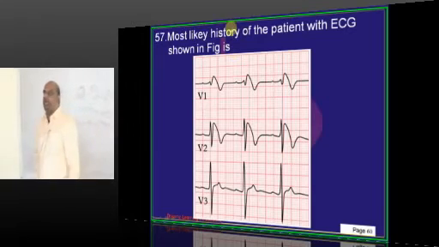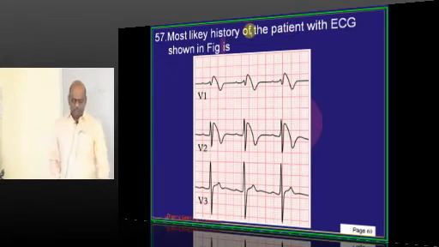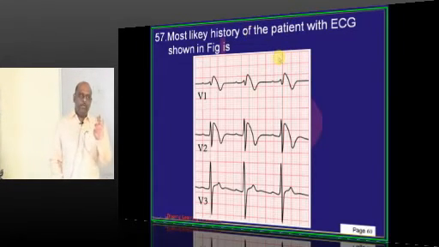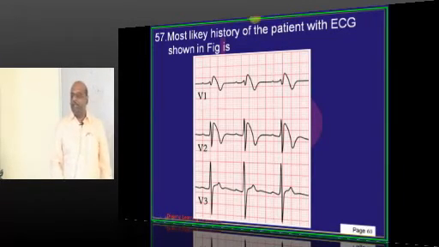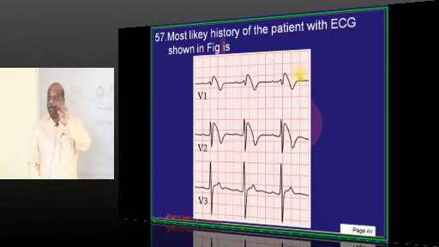Now you have been shown an ECG in a patient. What is the classical thing on the ECG? Totally, doctor, 20 to 25 classical ECGs will be there. Hyperkalemia, tall peaked T waves, delta wave in WPW syndrome, and after the T wave, development of a U wave, which you see in hypothermia.